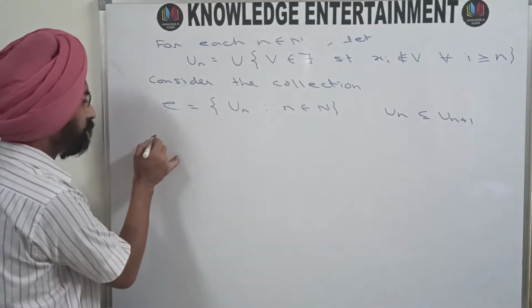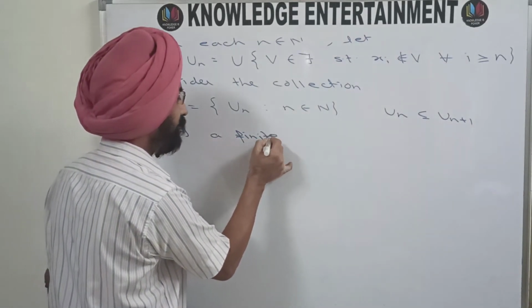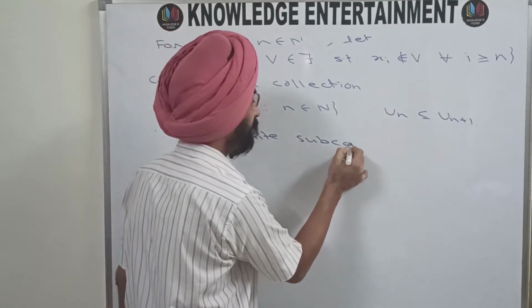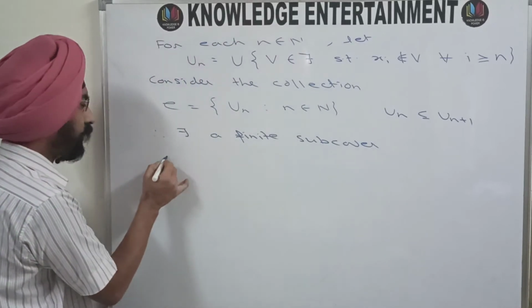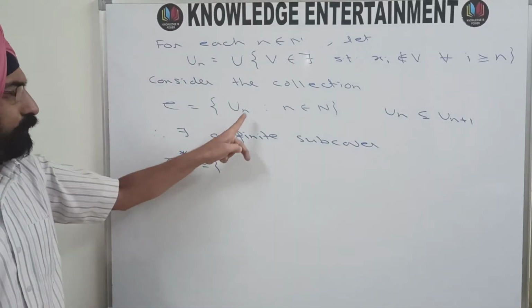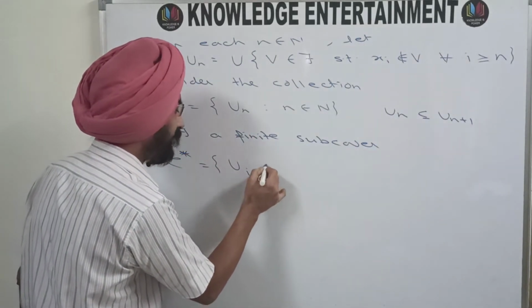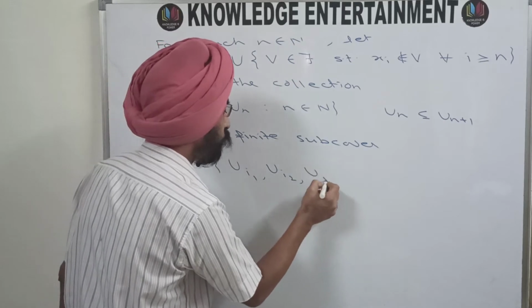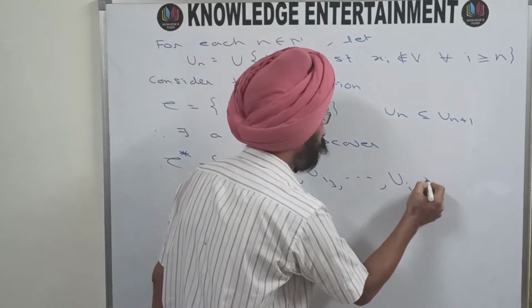So there exists a finite subcover. I am naming it C star, and members of C star will come from Un. I am naming these as Ui1, Ui2, Ui3 and so on, up to Uim.